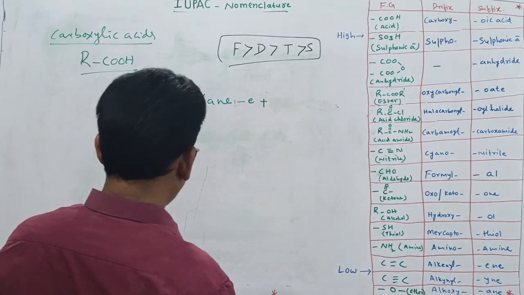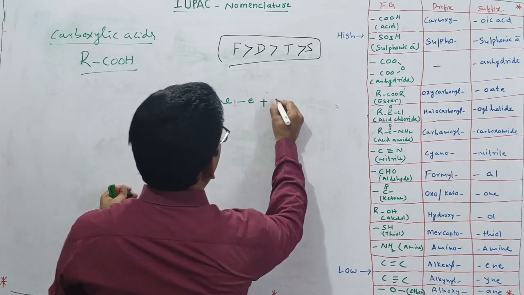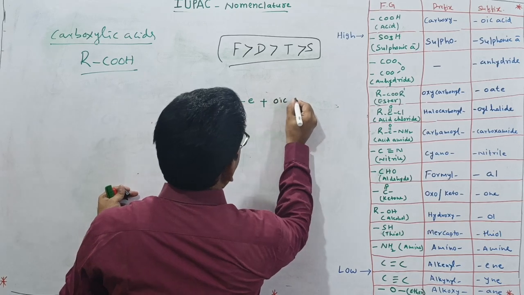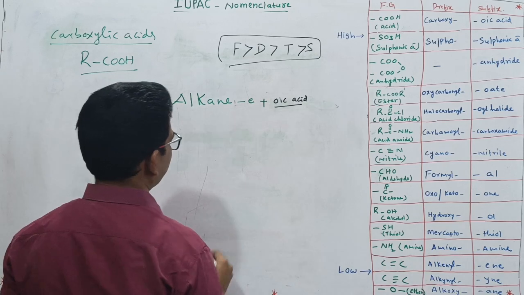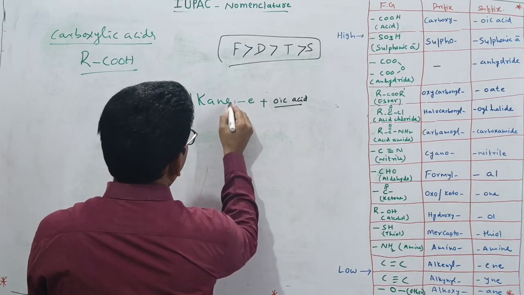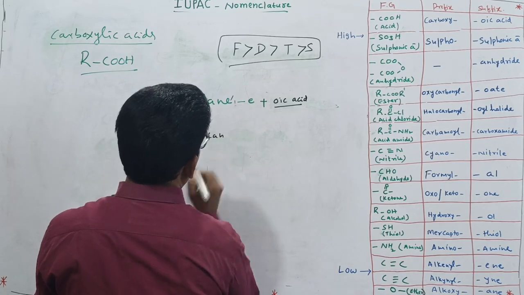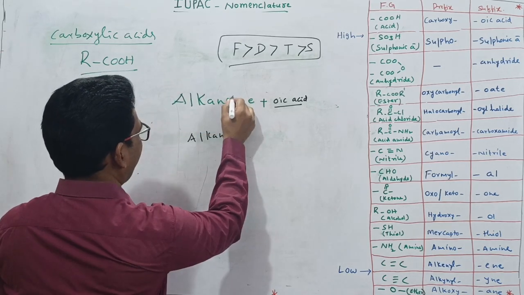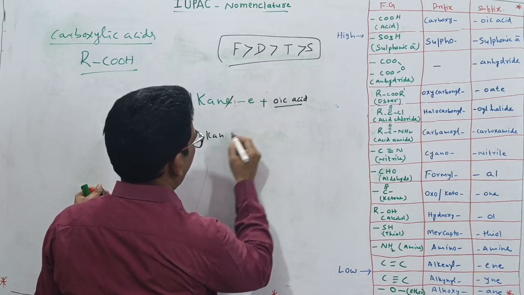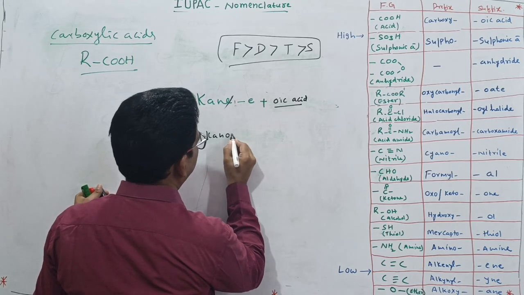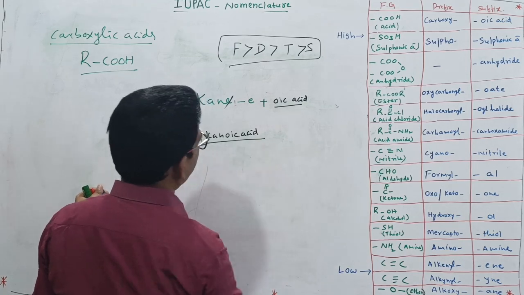If it is the more prior one, then alkane minus E plus oic acid. Remember this, oic acid. Then what will it become? Minus E, so I write alkan, because I removed the E. Alkan plus oic acid means, what is the name of this one?